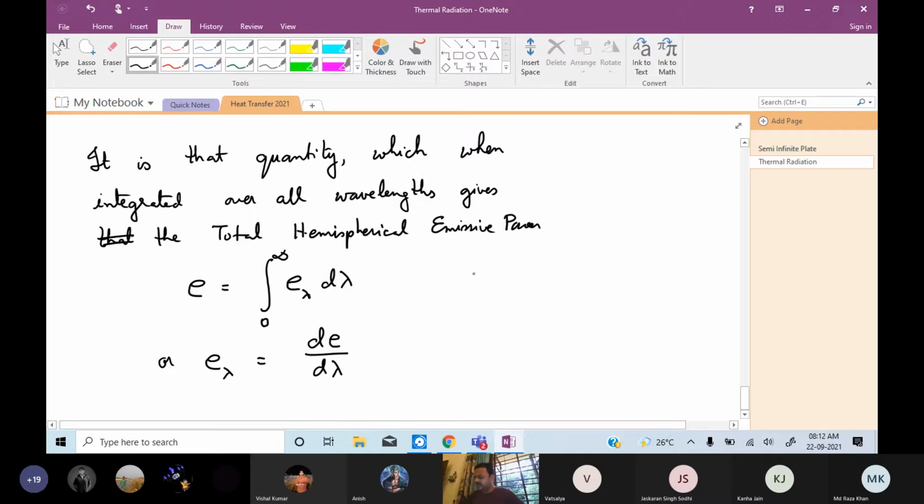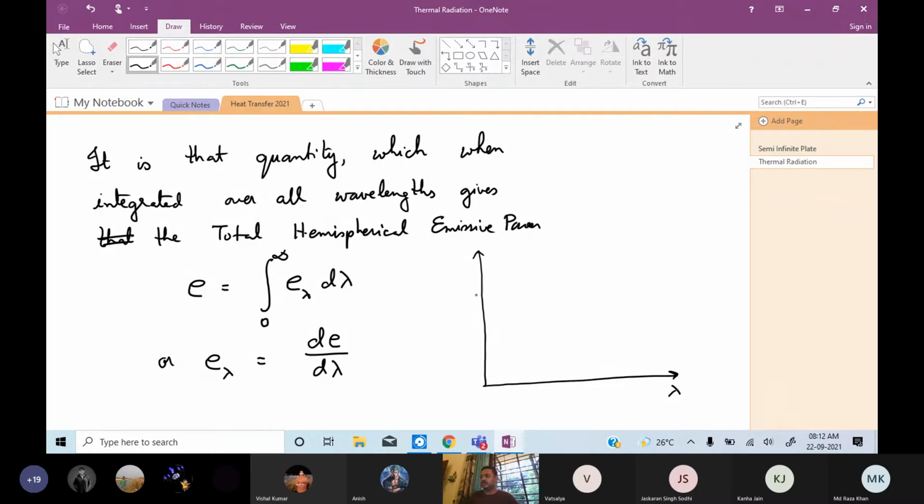Maybe it will become a little clear if we draw this again, since we have drawn this before. Remember what we said before, that emissive power per unit area at a given wavelength looks something like this.